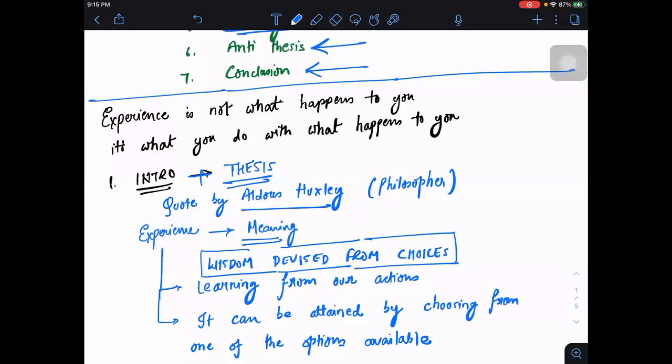Let's say, for example, in the year 1991, when the country was facing a financial crisis, we had two options: to continue with the policies which were focused upon the public sector, or to open up our economy and introduce LPG into the country. And we opted for the second one, and we gained an experience which was positive in nature, because it ended up improving the economic structure of the country.